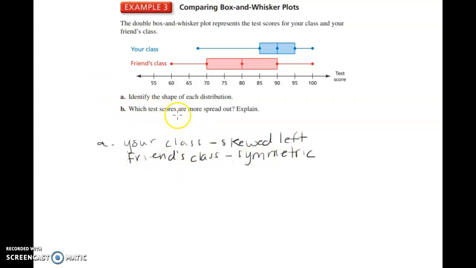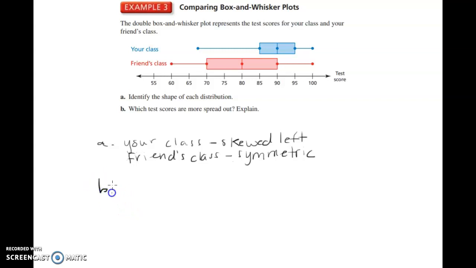B, which test scores are more spread out? Explain. So when we're talking about more spread out, it means that there is more variation, that you have a wider range. So if we look at these two things, your friend's class has a low of 60 and a high of 100, whereas your class seems to have a low of 68 maybe to 100. So your friend's class is definitely more spread out.